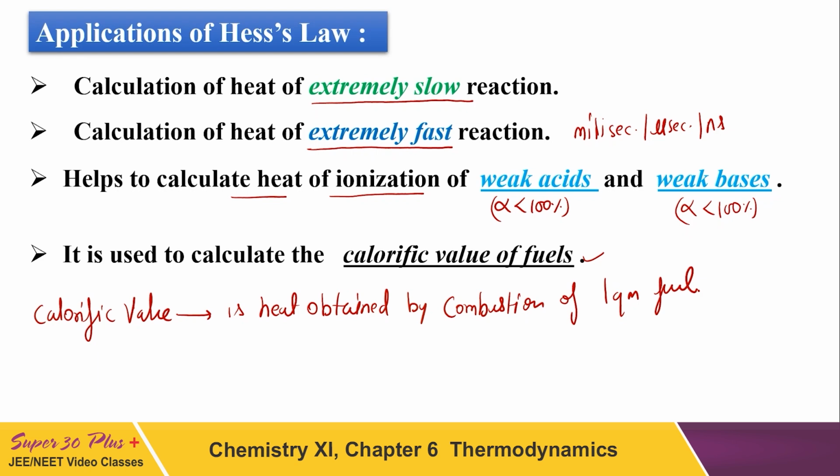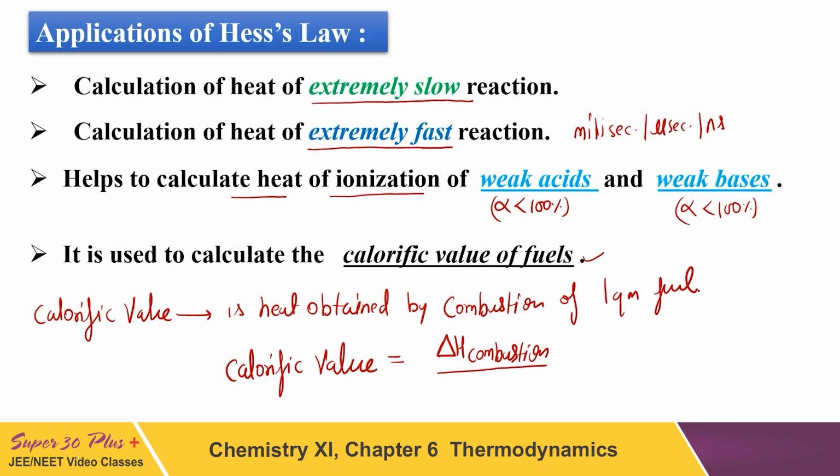When we calculate the heat of combustion of 1 mole of fuel, it is called heat of combustion. But when it is calculated for 1 gram, then it is called calorific value. So I can also say this: calorific value is equal to heat of combustion divided by molar mass. If we divide heat of combustion by molar mass, you will get calorific value.